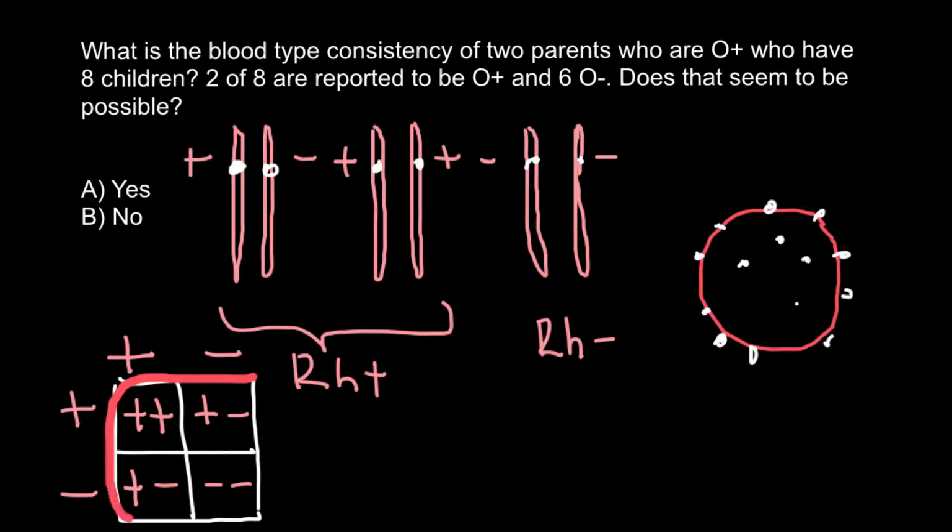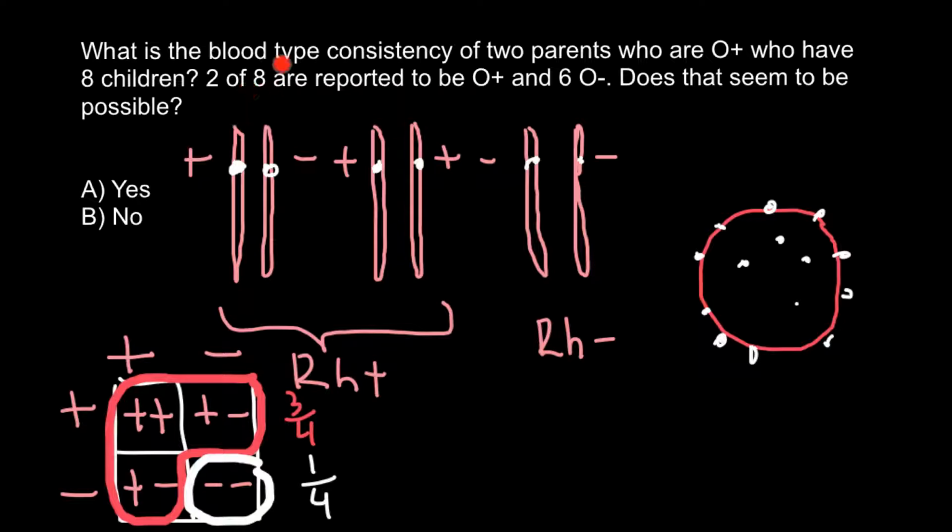Now as you see, 3 quarters would be Rh positive, and 1/4 as a result of such a cross would be Rh negative. So this is 1/4 and this is 3/4 probability. So when we cross someone who is heterozygous and another mate also heterozygous, the probability that they would have an Rh negative child would be 1/4.